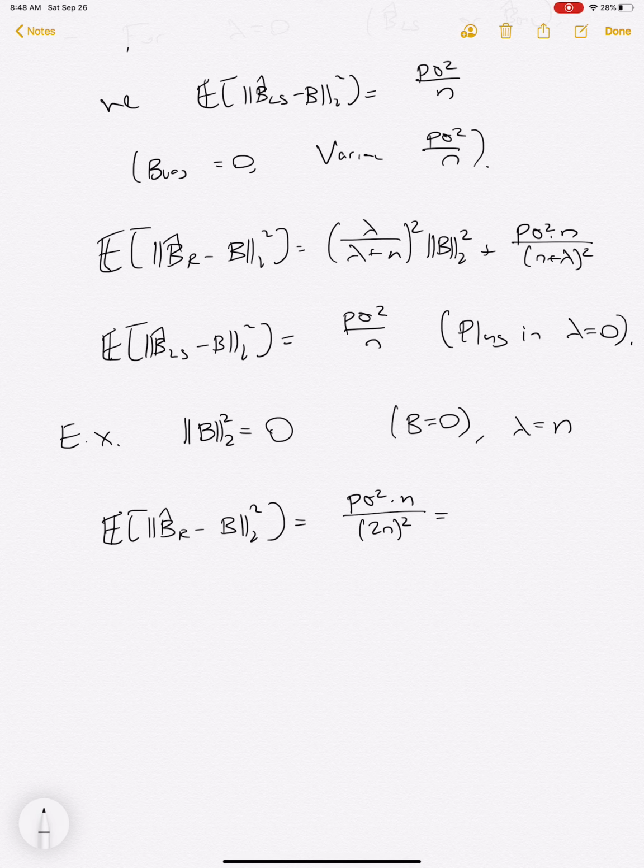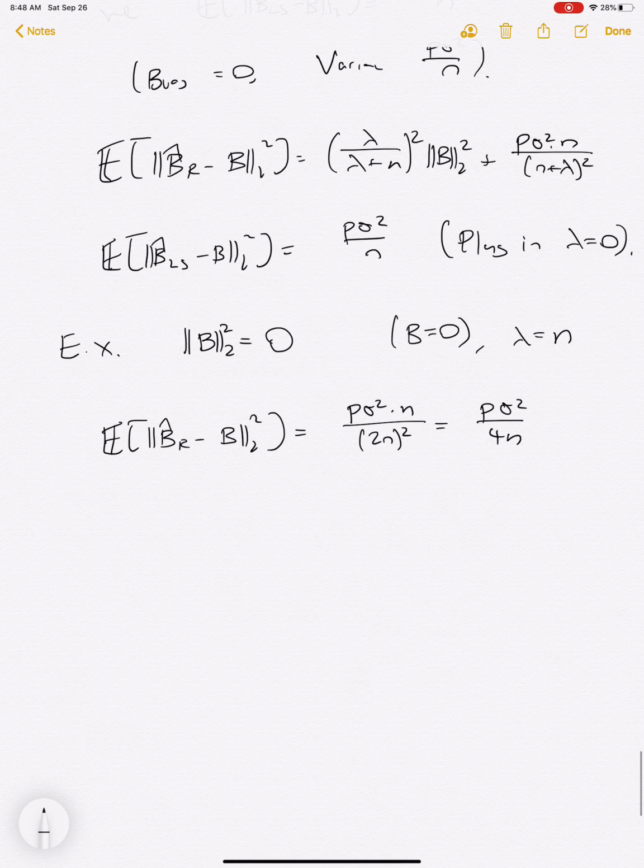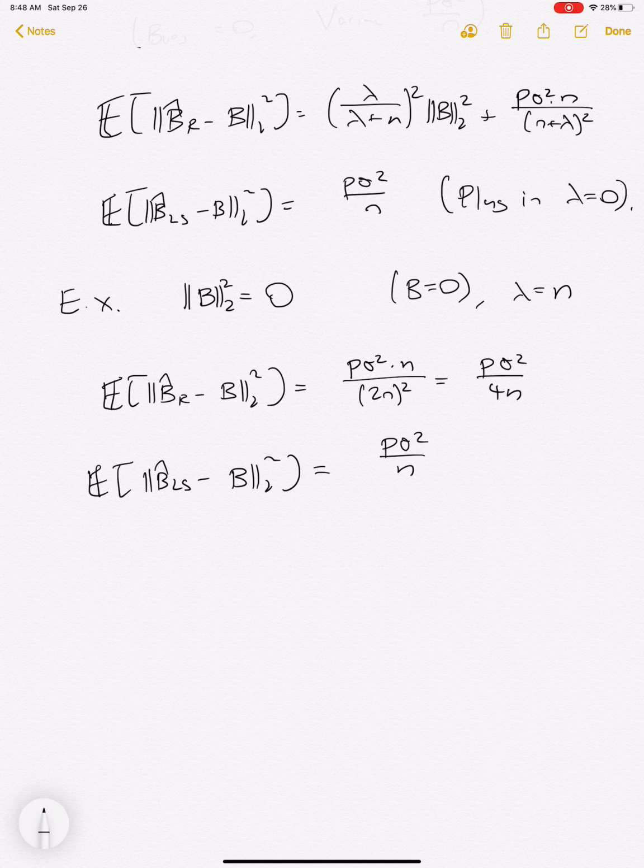So you're just going to get p sigma squared over 4n, and then compare that to the least squares, which has mean squared error p sigma squared over n.